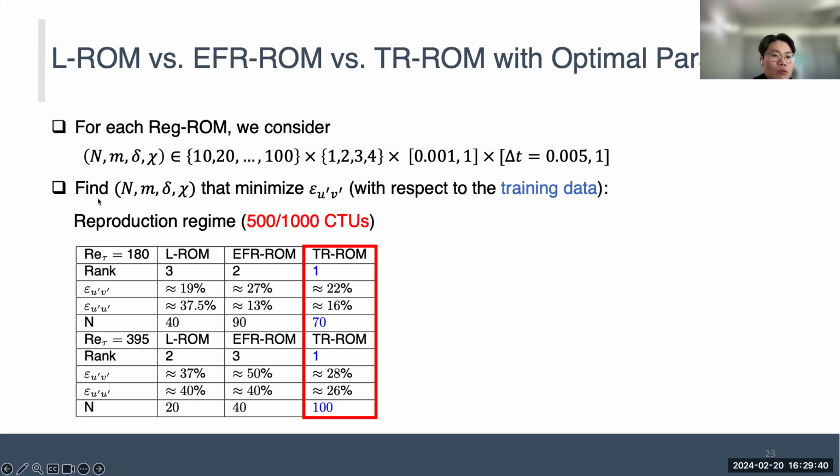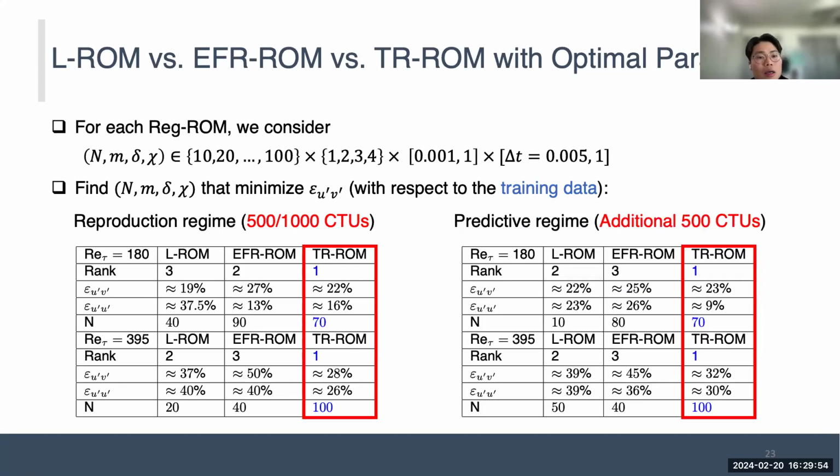In the reproduction regime, or the training window regime, for both Reynolds numbers, we find time relaxation ROM is the most accurate model. And for the predictive regime, where we have an additional 500 convective time units, the time relaxation ROM is still the best model.